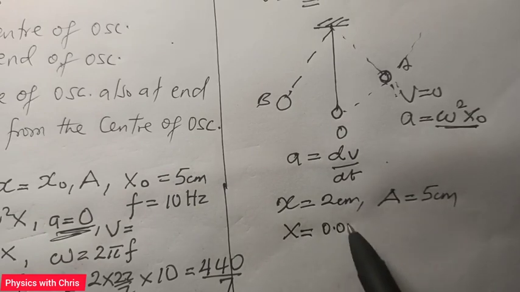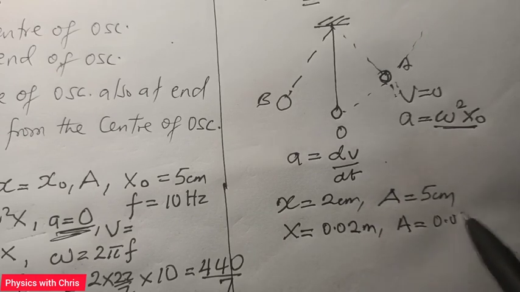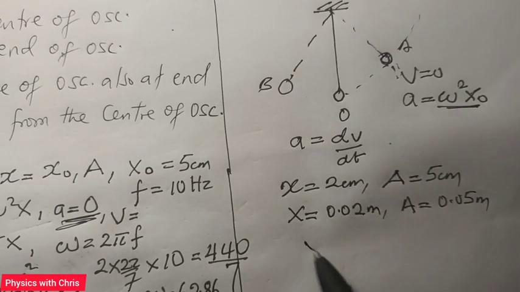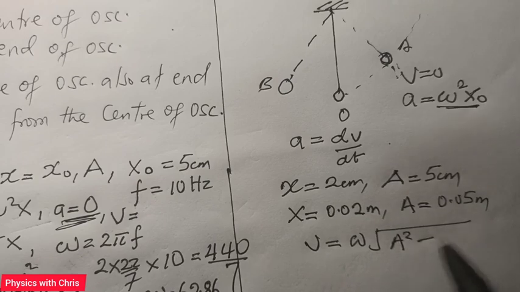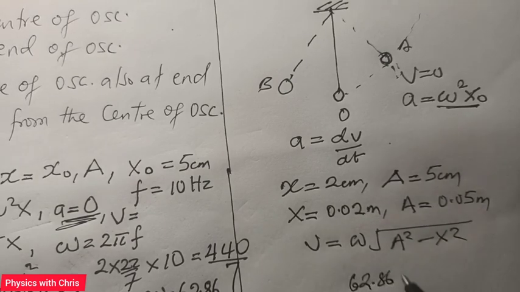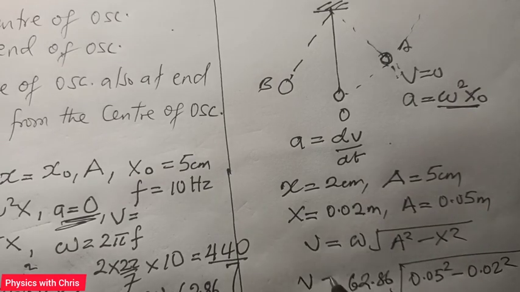This gives you 0.02 meters, and my amplitude is 0.05 meters, so that my velocity v equals omega square root of A squared minus displacement squared. So I have 62.86, found before, times the square root of 0.05 all squared minus 0.02 all squared. Okay, that is my velocity.